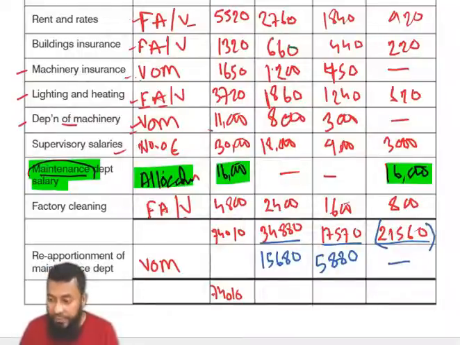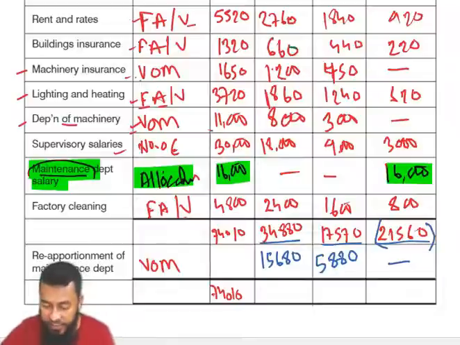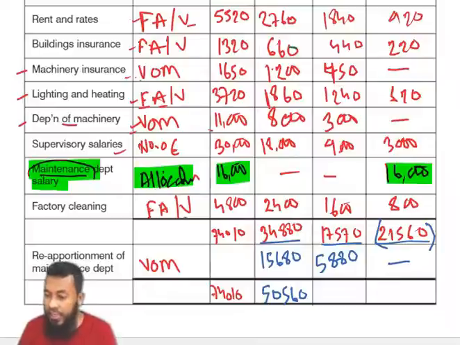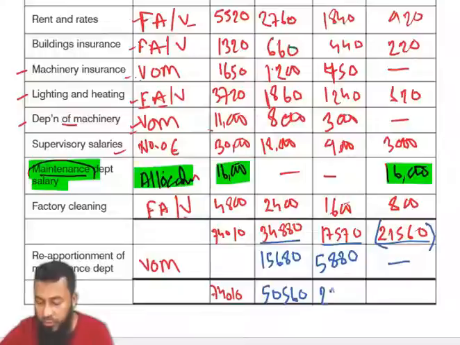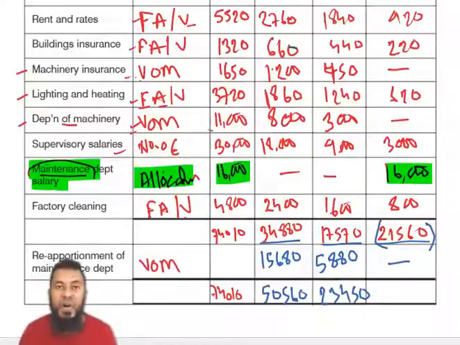Now I'm going to add 34880 plus 15680, which is 50560. It's the total cost for machining. And finishing: 17570 plus 5880, I get 23450. That is your allocation, apportionment and reapportionment.